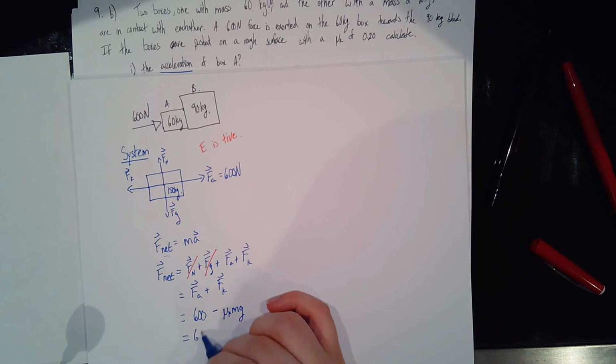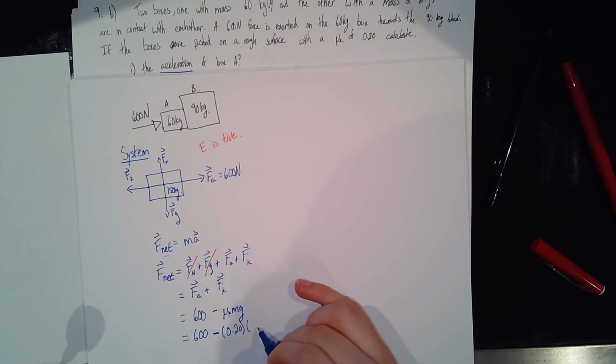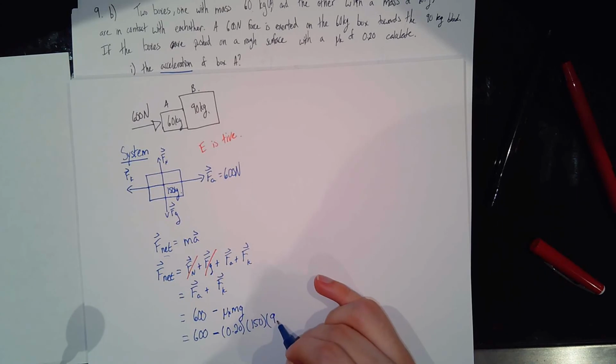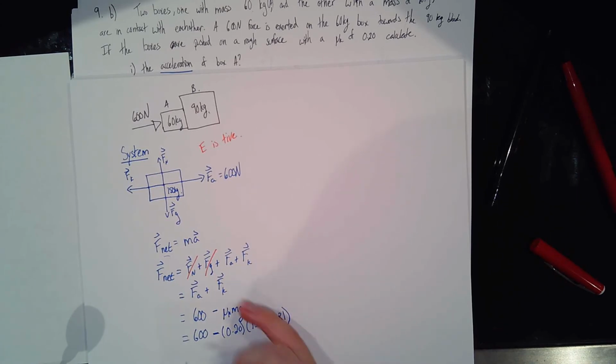So to put our numbers in here, we're going to have 600 minus 0.20 for our coefficient. Our mass is 150 kilograms, and the acceleration due to gravity is 9.81. You put that into your calculator, and you get a net force of 305.7 newtons east.